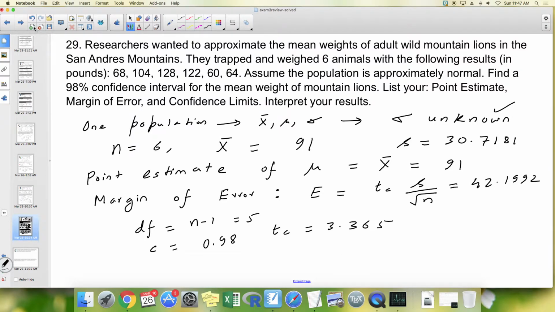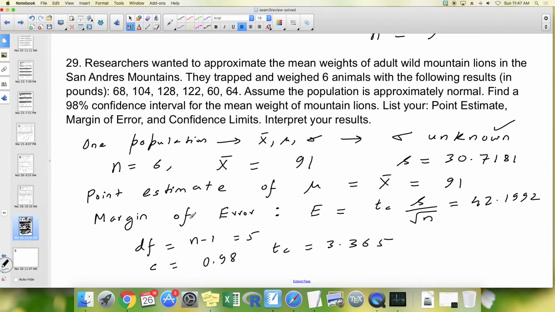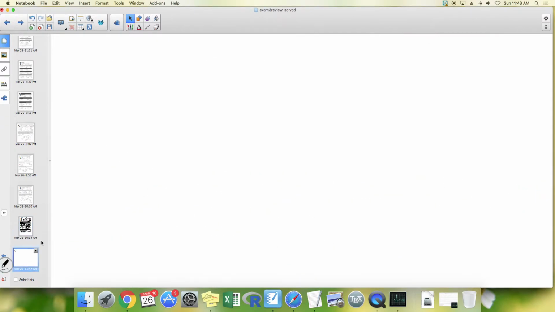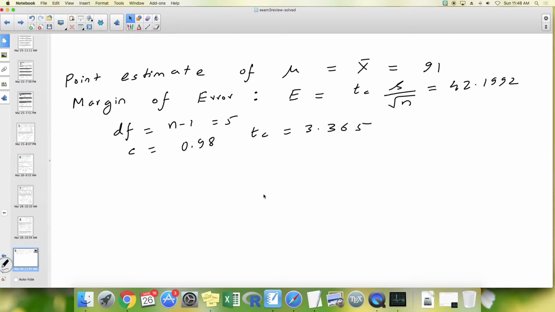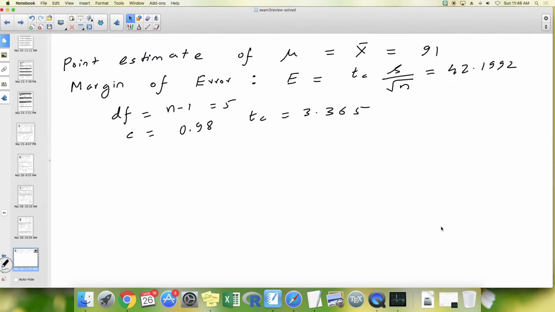Next page. So I have to find the confidence limits.